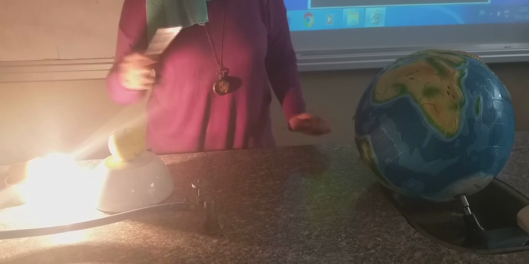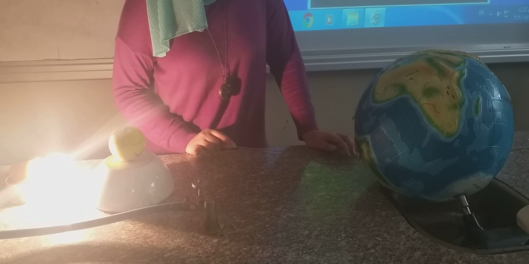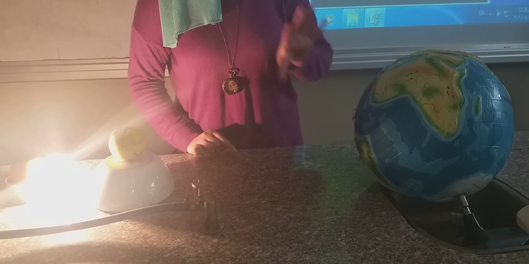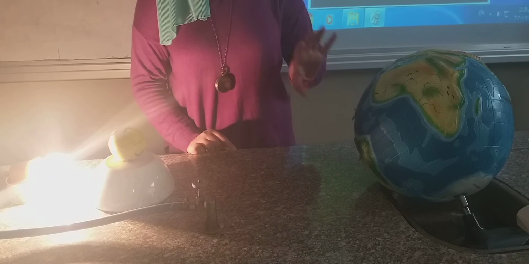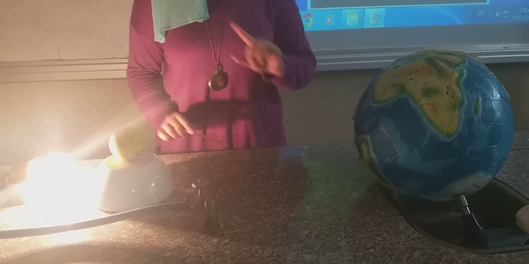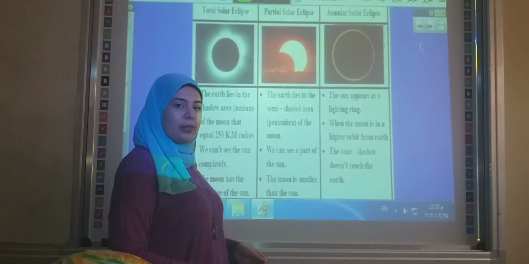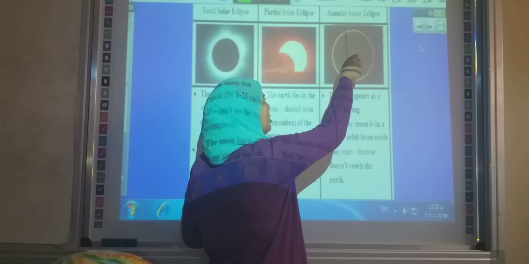This type of shadow that is formed, we call it anti-umbra. And anyone in this region can see the sun as a lighted ring, as this. Here is a light ring which is formed in an annular solar eclipse.